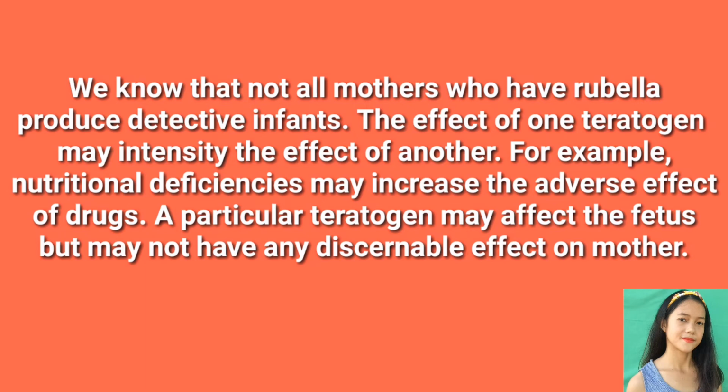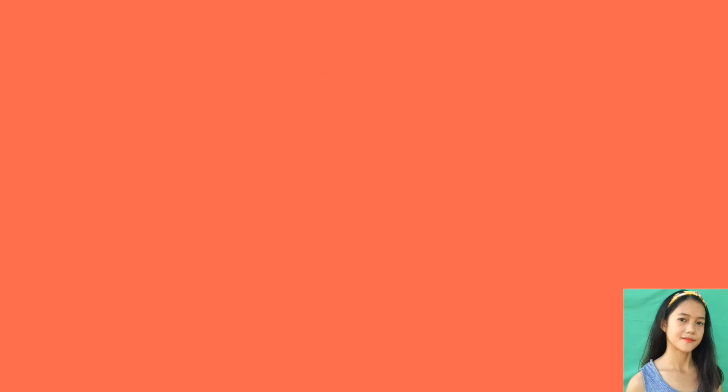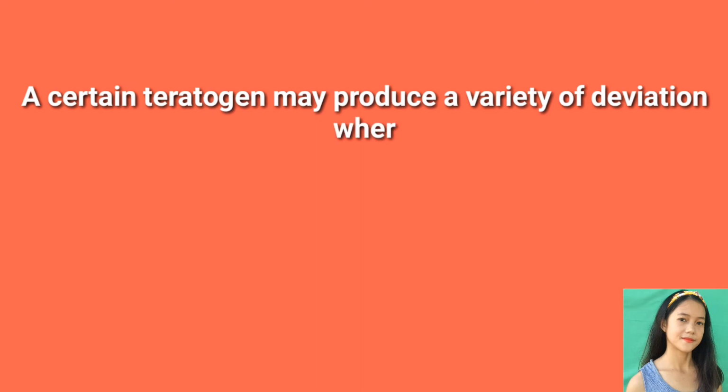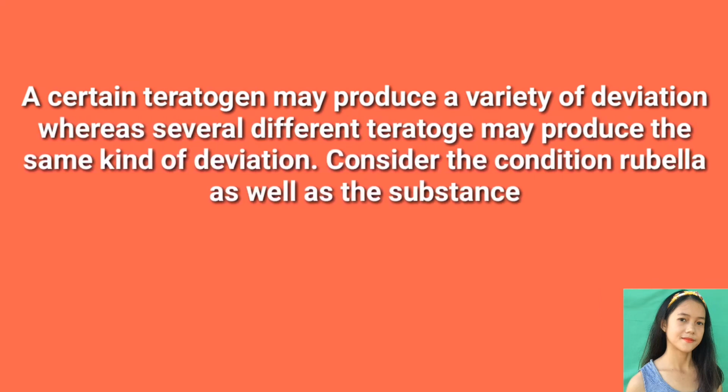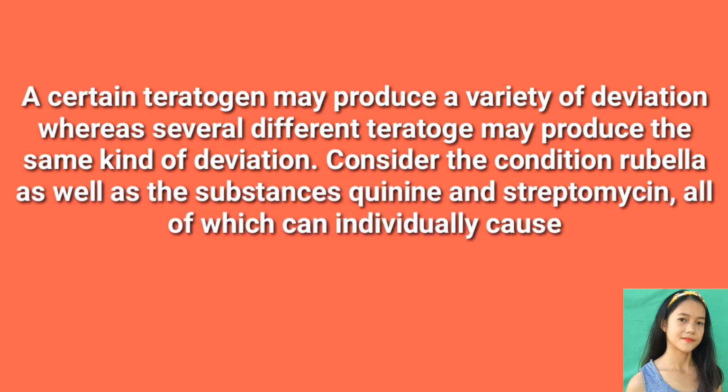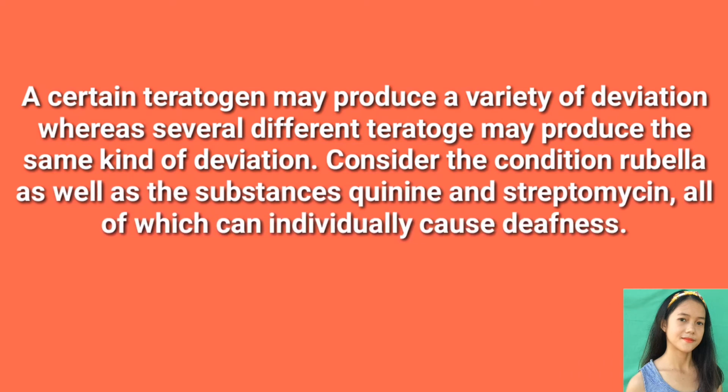A particular teratogen may affect the fetus but may not have any discernible effect on the mother. A certain teratogen may produce a variety of deviations, whereas several different teratogens may produce the same kind of deviation.